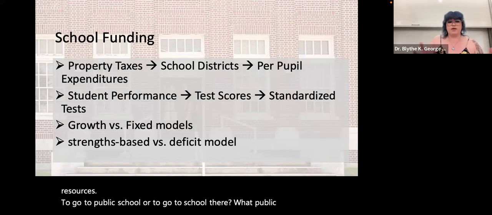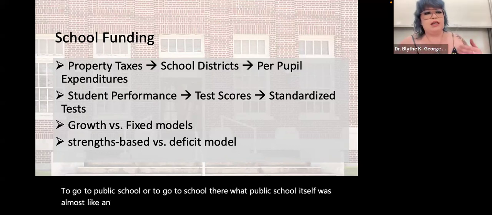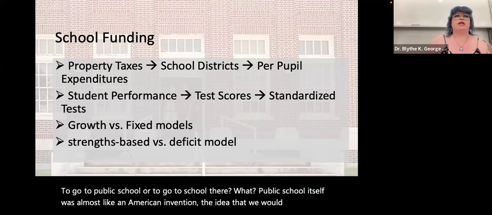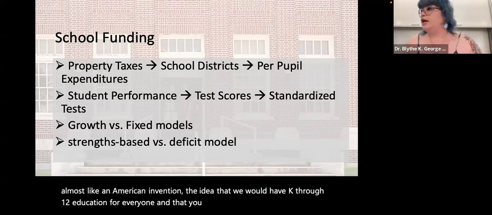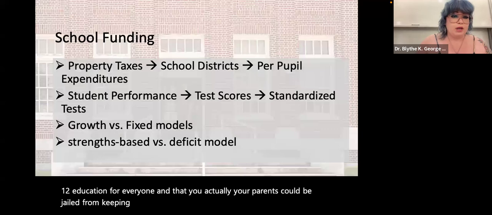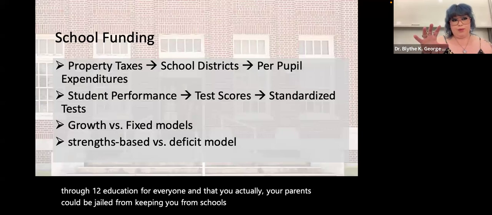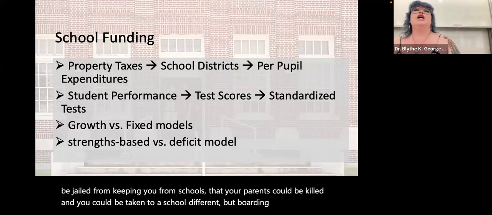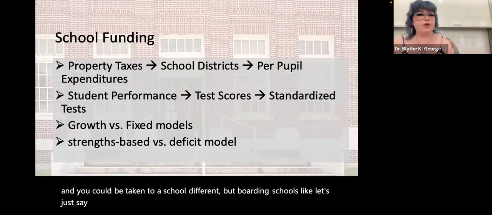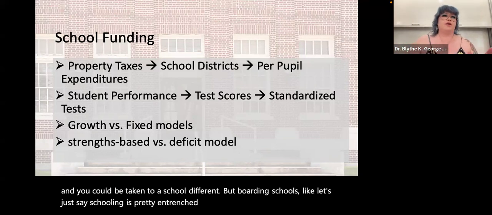Public school itself was almost like an American invention: the idea that we would have K through 12 education for everyone, and that your parents could be jailed for keeping you from school. Different, but boarding schools too. Schooling is pretty entrenched in United States history.